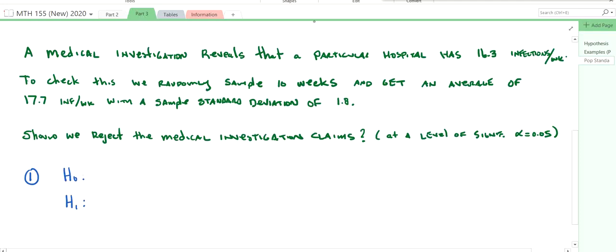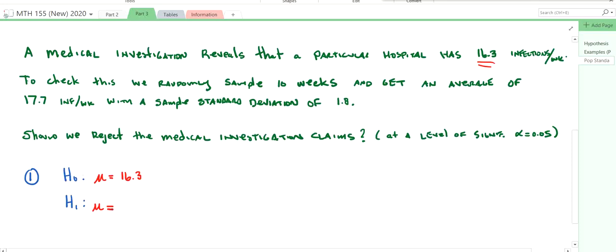We need to pick these terms out of our relationship. And this is our population mean, mu equals 16.3. And this is our sample, and it's from this that we're going to make our claim. We want to see if this is something we want to adhere to or if we want to reject it.